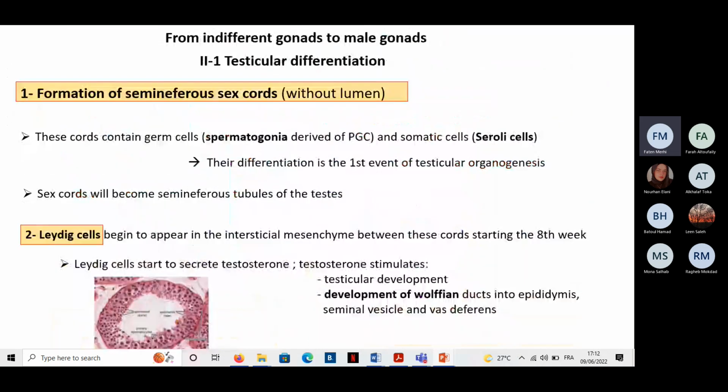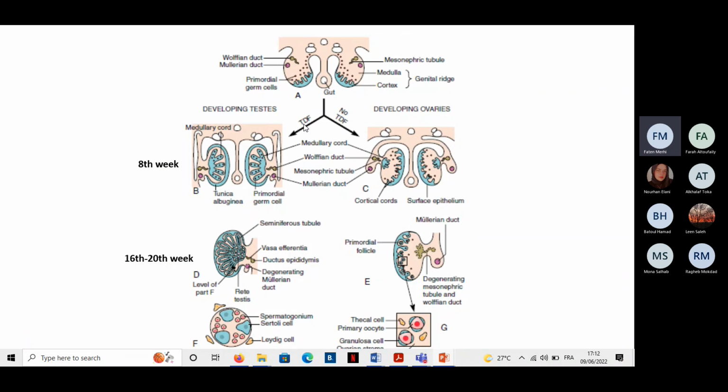Now those sex cords will become the seminiferous tubules of the testis. As you can see here, under the action of this TDF protein, the product of the SRY gene, we have those sex cords in the medullary region. In the males, they are preserved in the medullary region, and they will develop to give the seminiferous tubules of the testis.